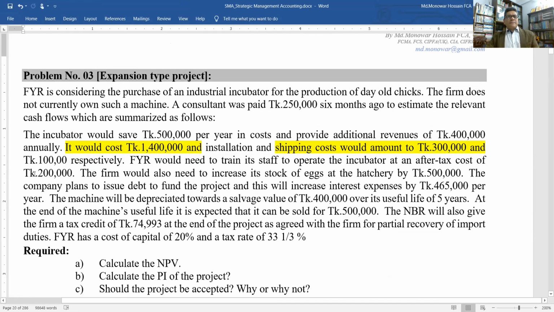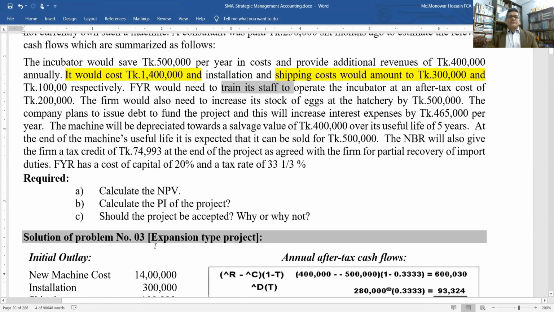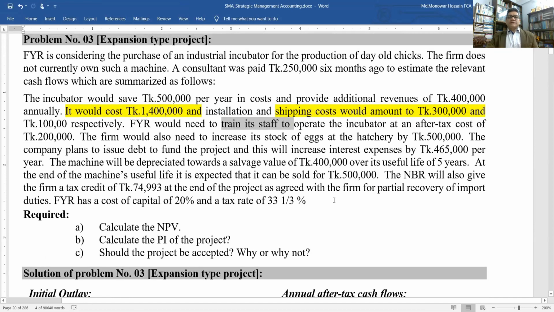1 lakh in installation 3 lakhs, 1 lakh shipping cost, etc. And after tax cost 2 lakh, to train staff for operation. The firm would also need to increase the stock of eggs, hatchery for 5 lakh.